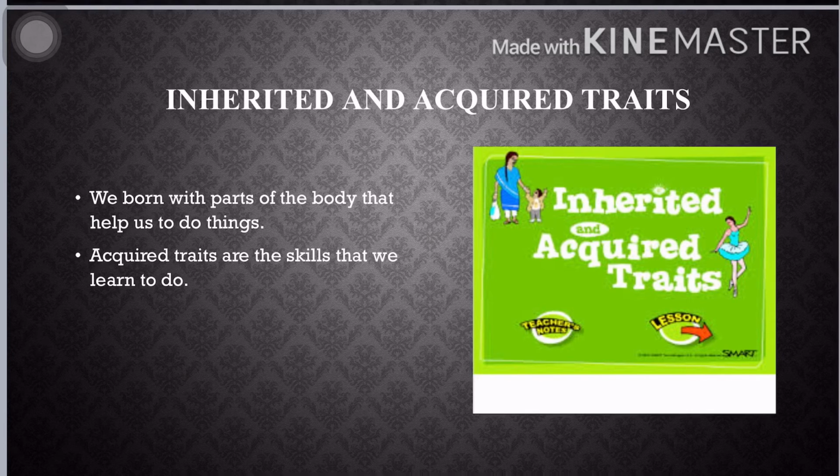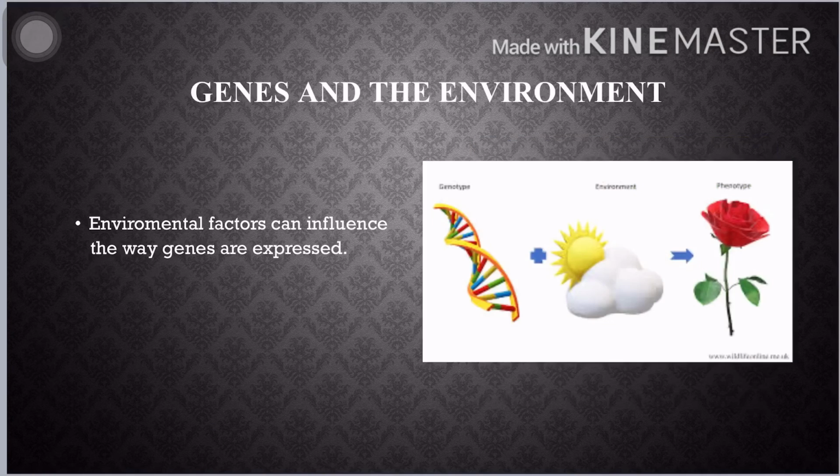Gene and environment. Environmental factors can influence the way genes are expressed. We can see that a flower can grow by the help of the environment, by the help of the sunlight, the water, the rain, and the shadow.